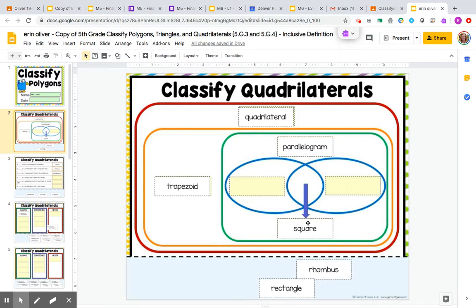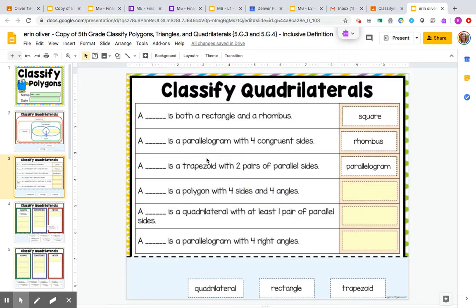I know it's that because it has right angles like a rectangle, but it has congruent or equal sides like a rhombus does, and it's also a type of parallelogram. I also know that a rhombus is a parallelogram with 4 congruent sides. Congruent sides just means equal, sides that are equal in length.